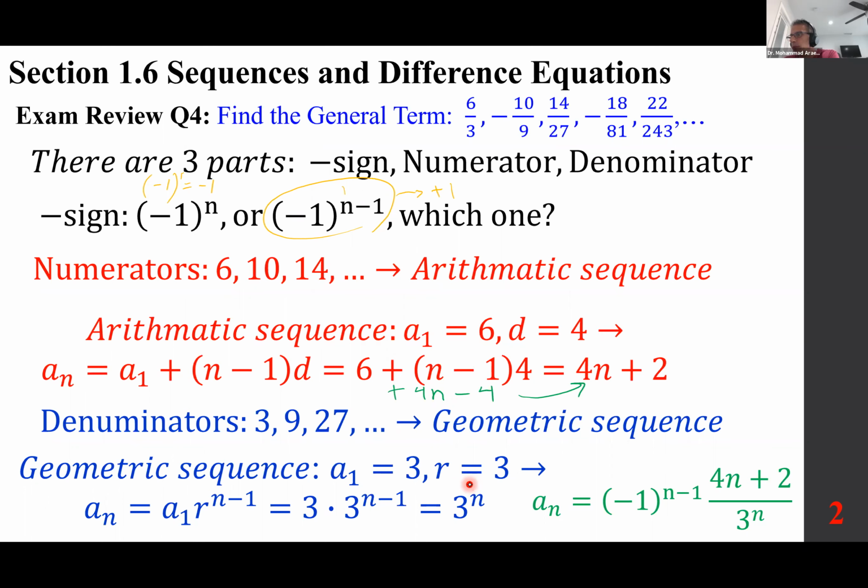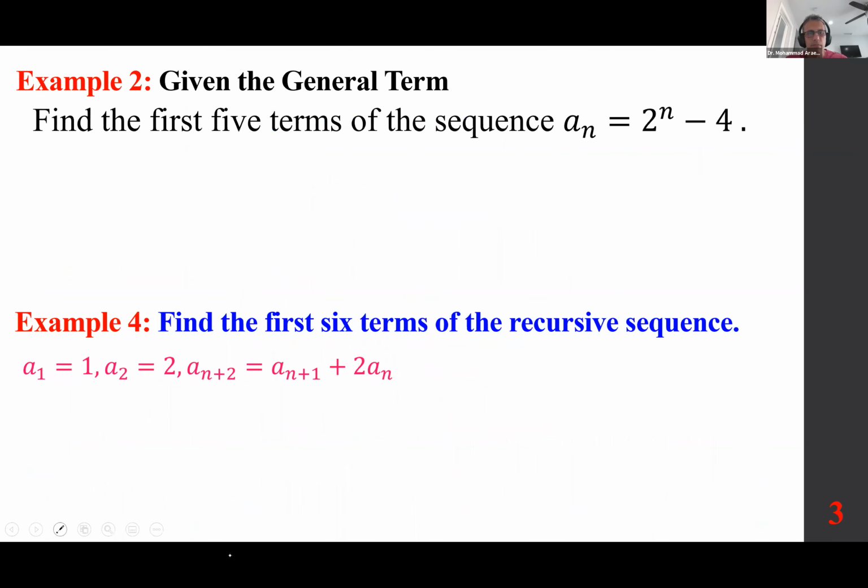All right. In this case, we've done this before, so let's quickly go over that for everybody. N, replace it with 1: 2 minus 4, negative 2.